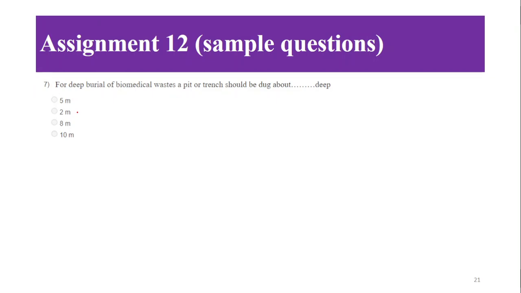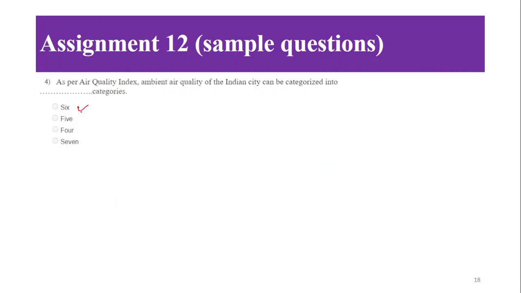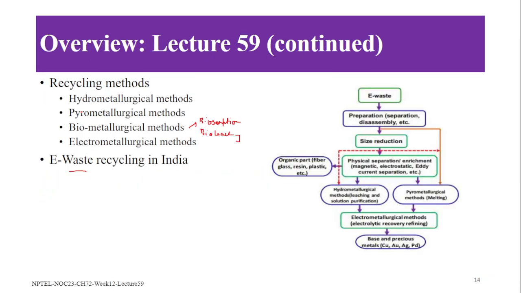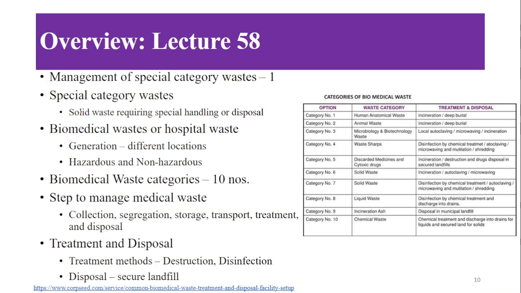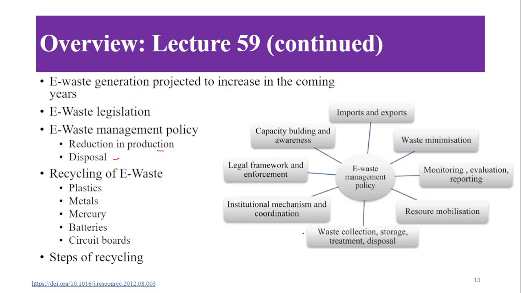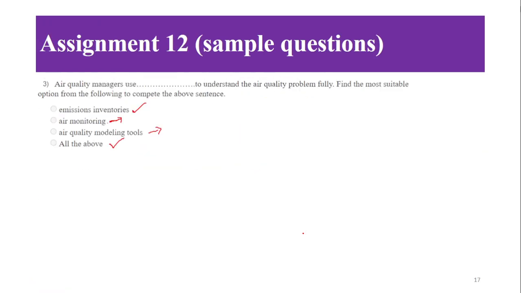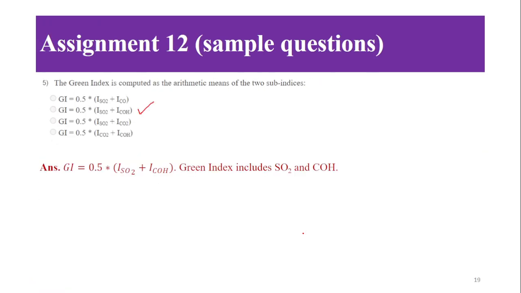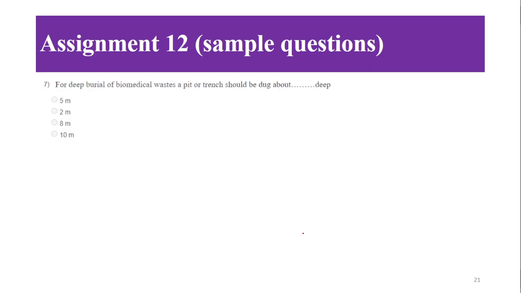Just now you showed the pit diagram, ma'am. Can you show that please? It is 2 or 3 meter only. I can show you. Here you can see the height is 2 or 3 meter. So the correct answer here is 2 meters.